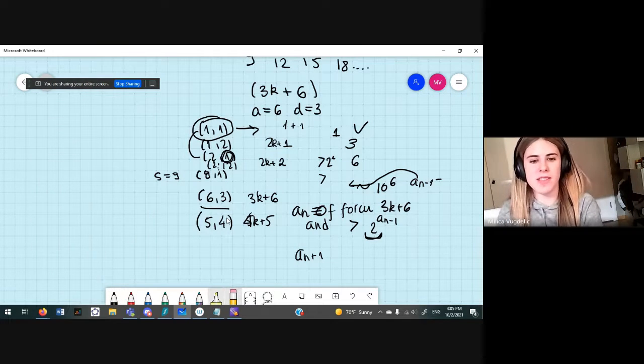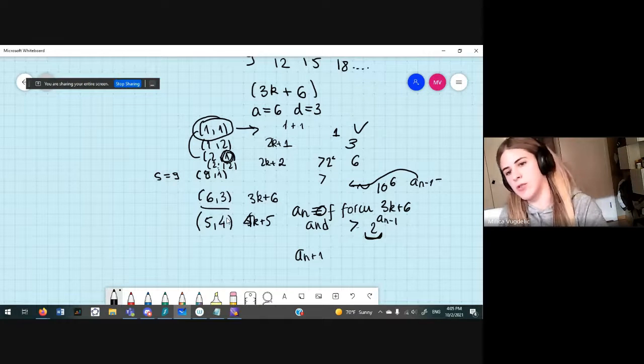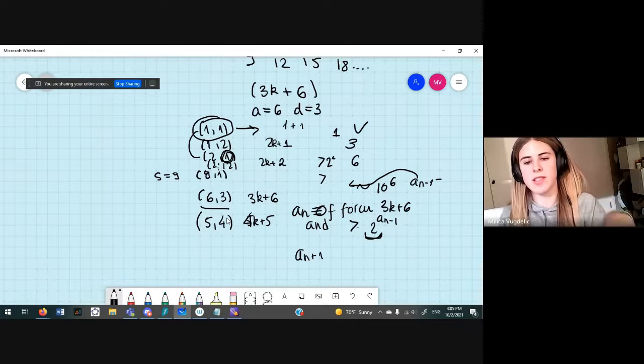But the point is, in each step, we want our number to be in the right form and to be larger than 2 times the previous number, because then you can see that such a sequence can't have any infinite arithmetic progression.